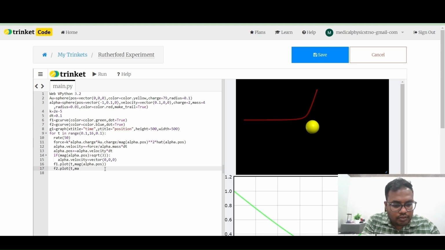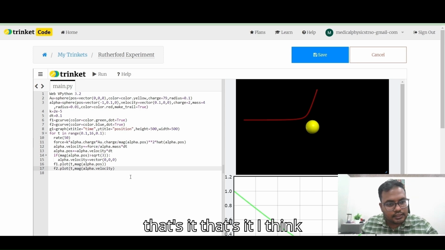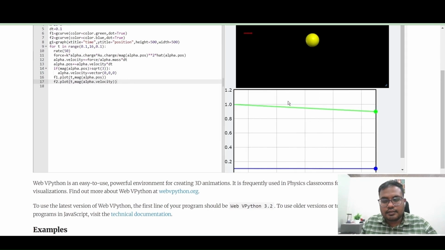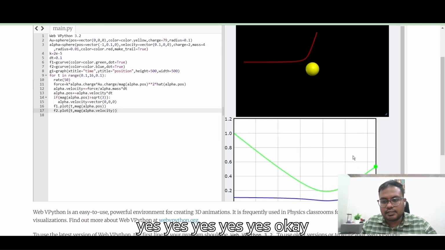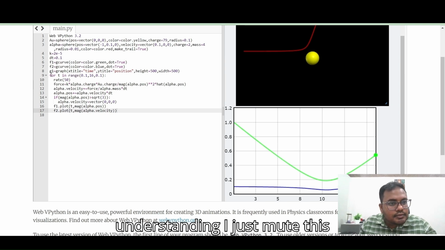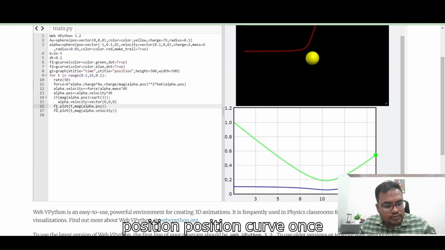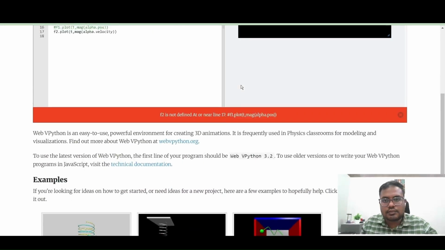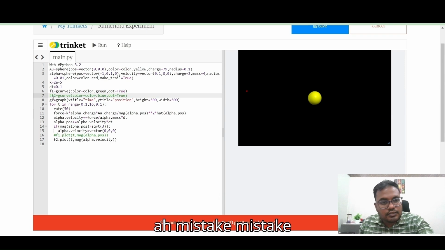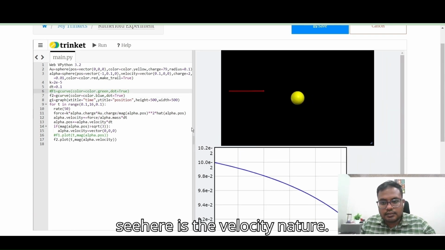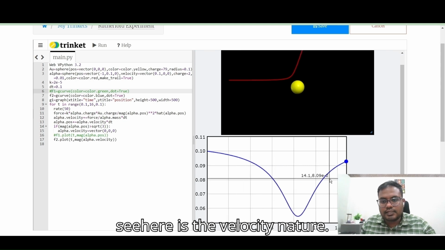So magnitude of alpha.velocity. That's it I think. Let's run it. Yes. Okay, for better understanding, I just mute this position curve. Silly mistake. Let's run it. See, here is the velocity nature.